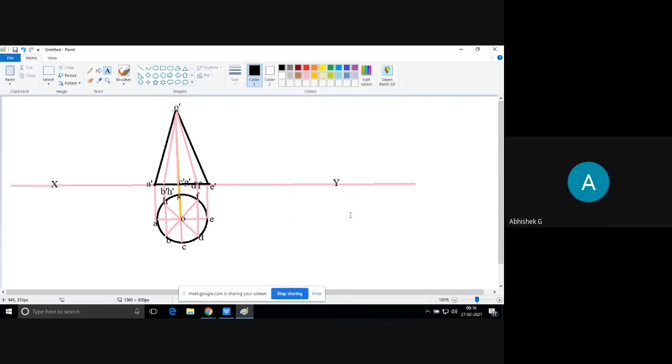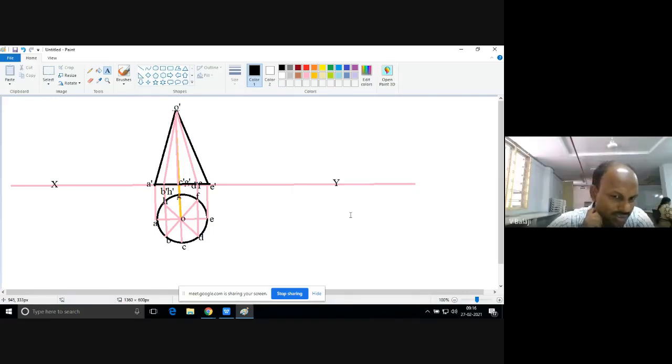Reduced rectangle? No. Once again I am repeating. A sectional plane, for example, take your mobile phone. The surface of the mobile phone is perpendicular to the keypad and inclined 60 degrees with your laptop screen. Then what is the top view of that mobile? Line.